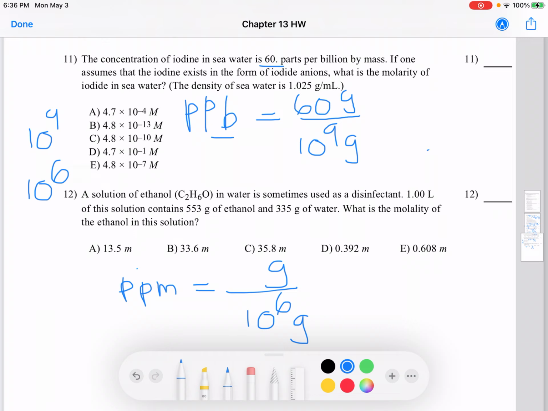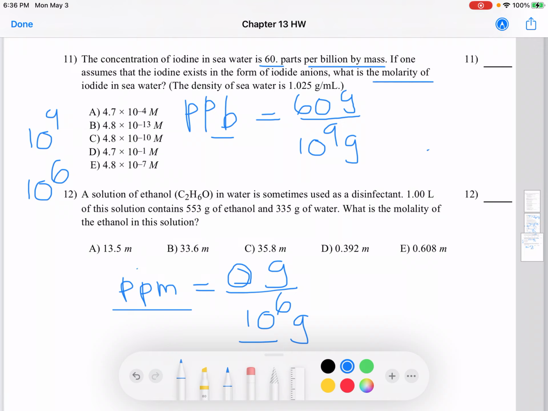So when you're writing the units for 60 parts per billion, you put the 60 grams on your numerator and the denominator would be 10 to the power 9 grams. And if you are given a ppm question, you put however many grams over here and you divide by 10 to the power 6. So basically here what is asked is you convert the unit ppb to molarity.